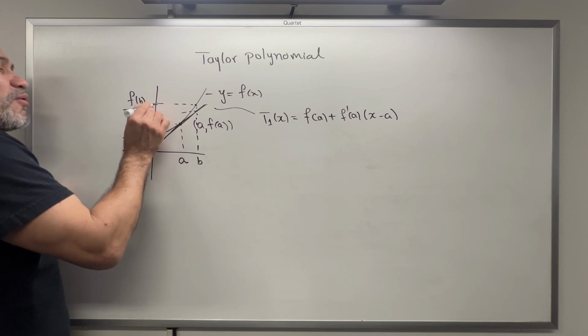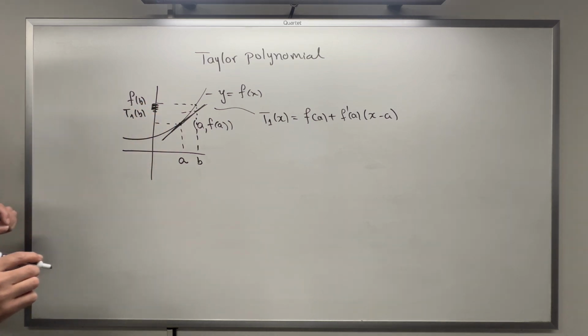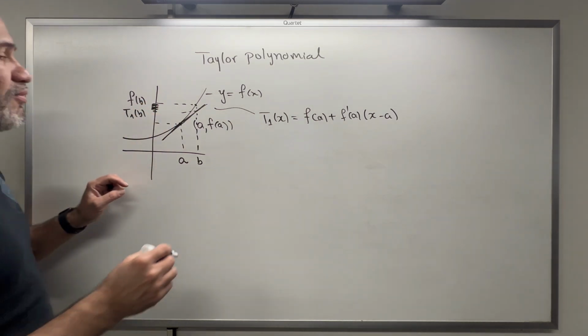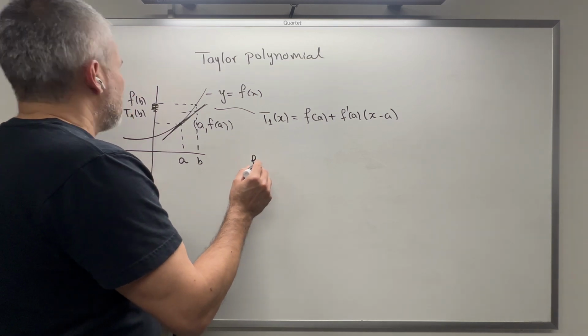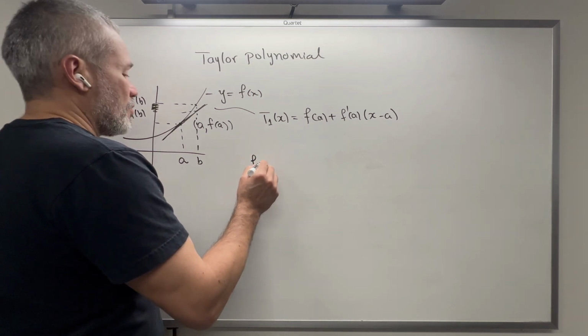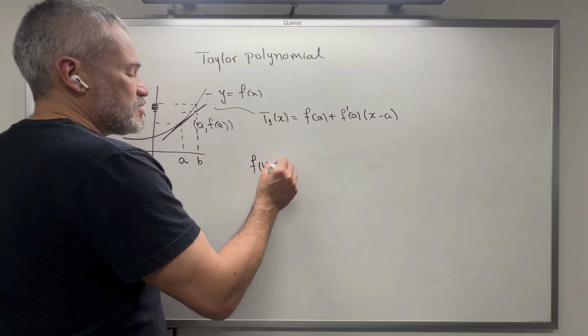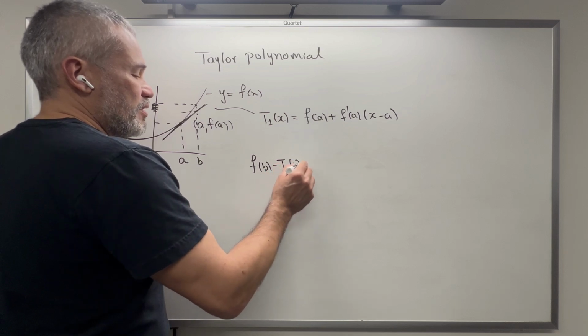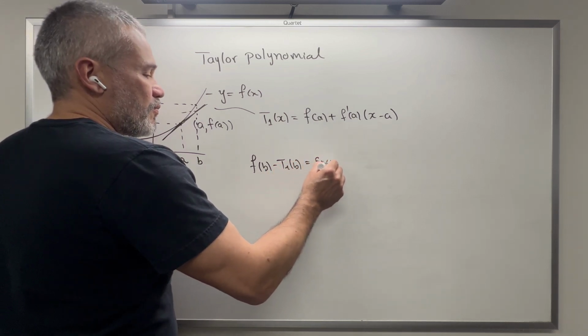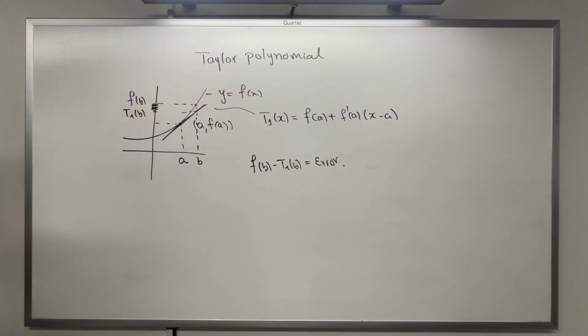Then the problem is how to estimate that error. That error is just f of b minus t1 of b. This is the error, and we want to estimate that.